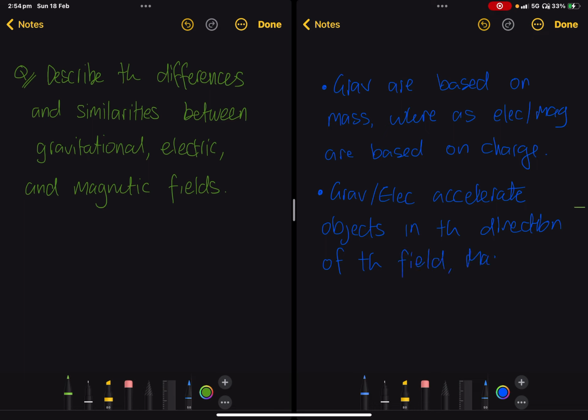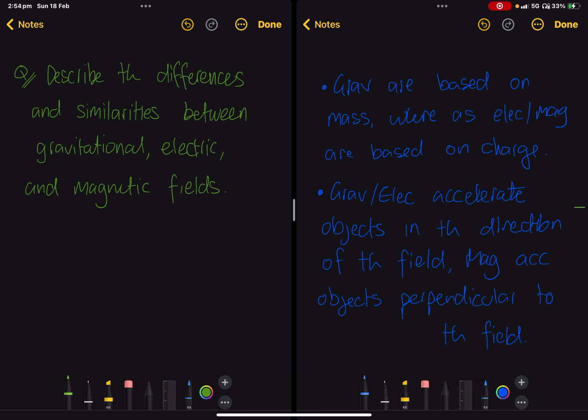Whereas magnetic fields accelerate objects perpendicular to the field.